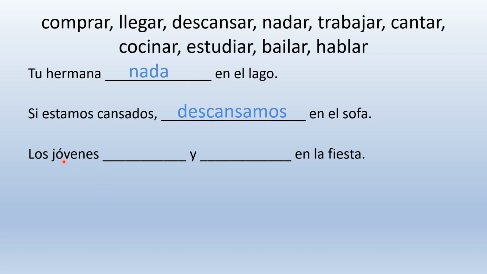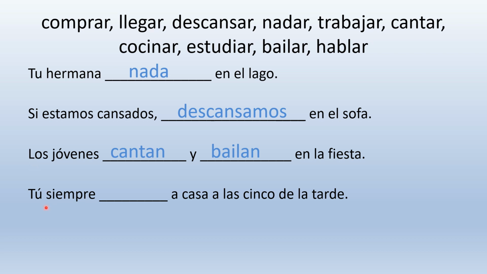Sing. Los jóvenes are ellos, and so we would say los jóvenes cantan y bailan. So repeat after me. Los jóvenes cantan y bailan en la fiesta. The young people sing and dance at the party. Muy bien. Very good. Let's move on.